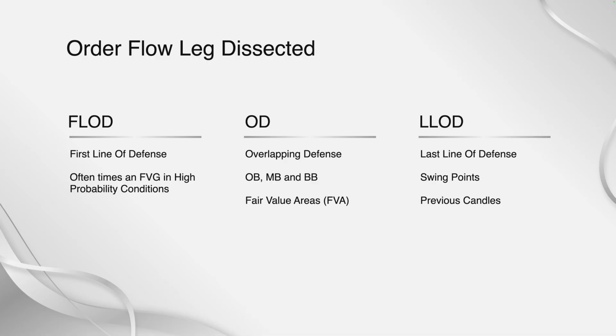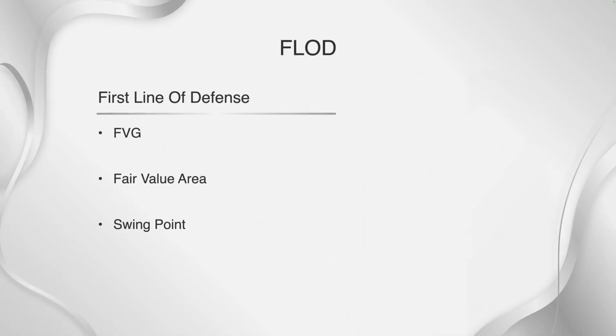If we want to understand the first line of defense right here, then we need to understand what a first line of defense can be. What we are seeing right here is a hierarchy, meaning in high probability conditions, so the best trading conditions that you will have, the fair value gap that we see at the top right there is always going to be the first line of defense.